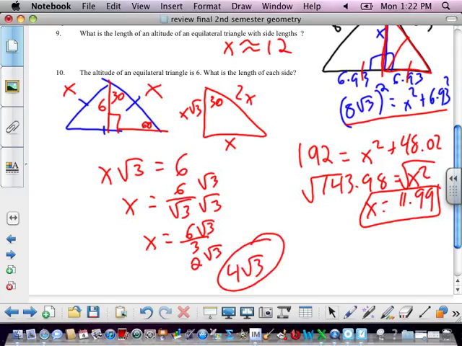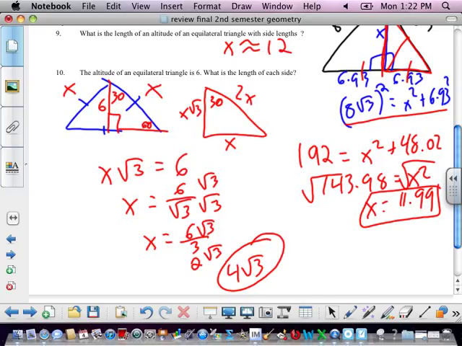Let me go over that one more time. It's a 30, 60, 90 triangle. We know that the smallest side times the square root of 3 equals the second longest side. So that's what I'm doing here. Okay? We get that the smallest side is 2 square root 3.